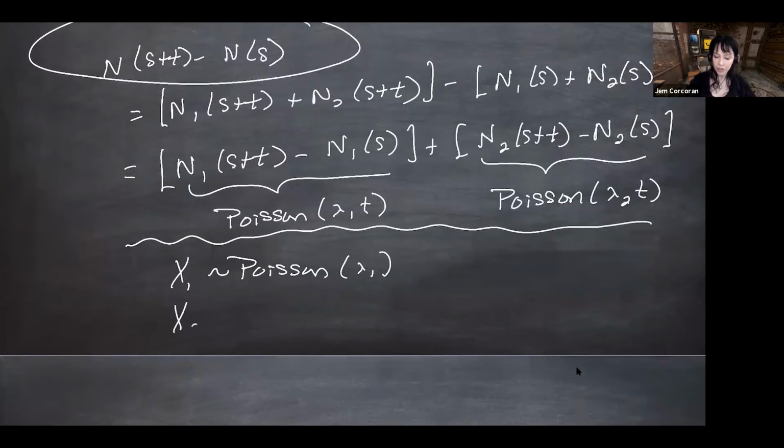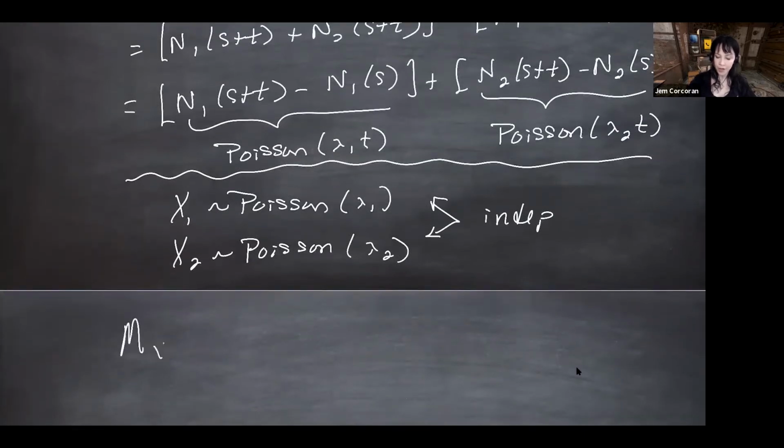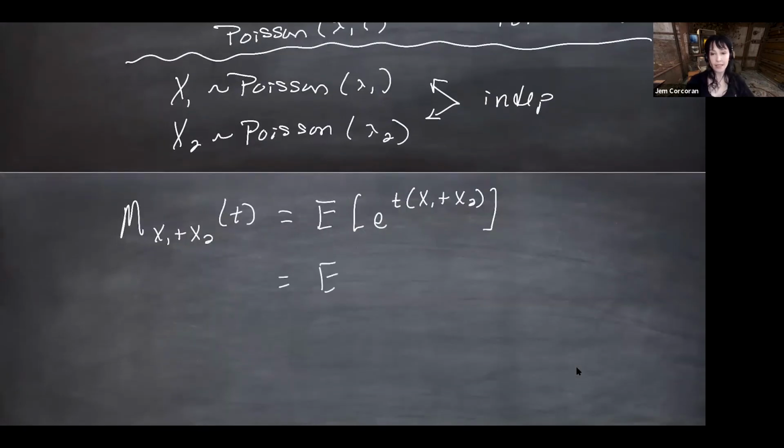So if we have two Poisson random variables with different rates, so this is a side calculation, and these are independent, the moment generating function of the sum is the expected value of e to the t times the sum, and that is e to the first guy times e to the second guy.